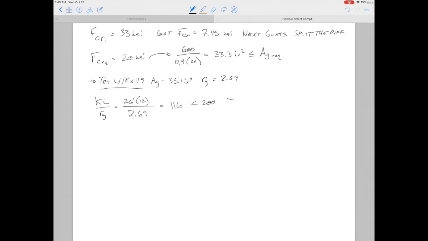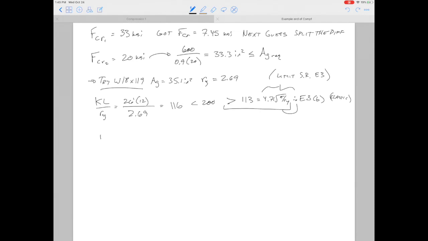It's also just slightly over the 113, right? This was 4.71 square root E over Fy, the limiting slenderness ratio from E3. So based on this, I need E3B. That's the elastic zone, right? This is the conceptual part, elastic zone.